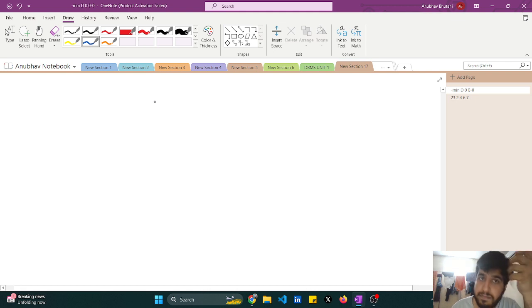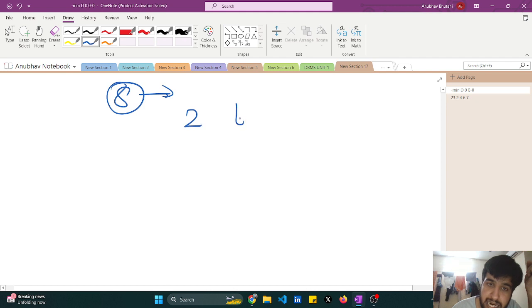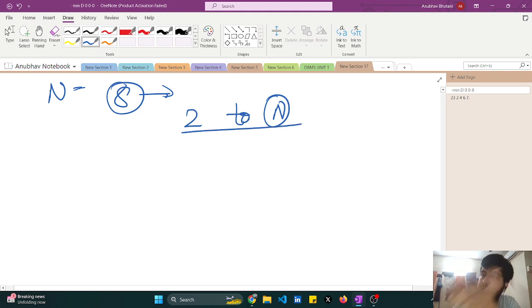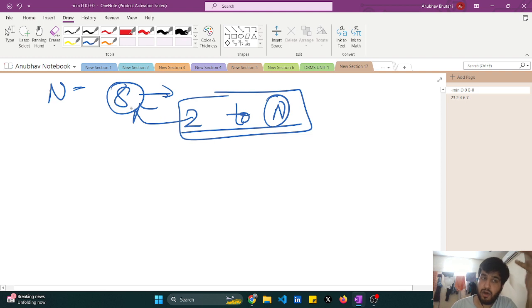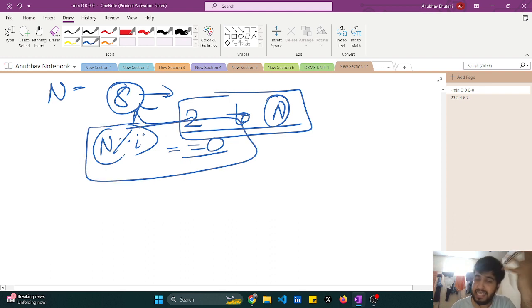So for every number, I can check whether it is a prime number or not by iterating through. If n is my number, I can start by iterating through 2 to n, and if any of these numbers divide n, that is 8 in this condition, then I will return that it is not a prime number.